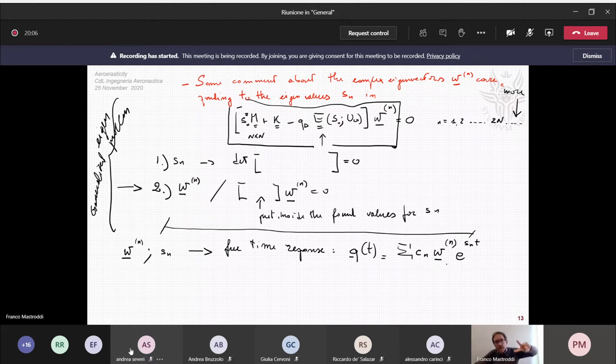We have eigenvalues that are complex conjugates, so you have to sum all the complex contributions, including the complex conjugates, in order to have a real response. So we have to sum all these elementary solutions, and these constants, as you remember from exercise number 1 with panel flutter, are given by the initial conditions.